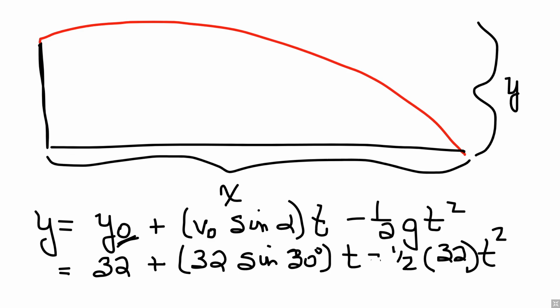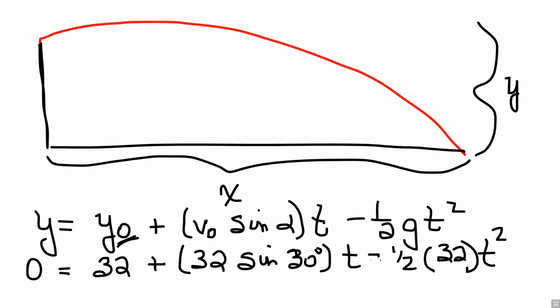All right. So in this problem for y, what y value are we essentially looking for? 0. We're trying to find out when y is 0, when it hits the ground. When it hits the ground, that's when the height is 0. So we're going to set this equal to 0. Essentially we're going to solve this equation for t.